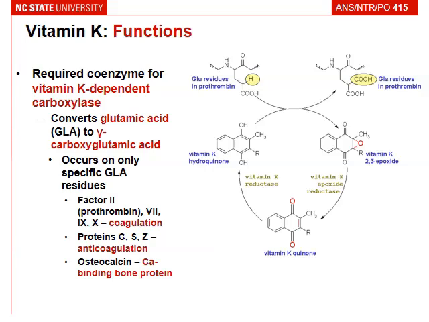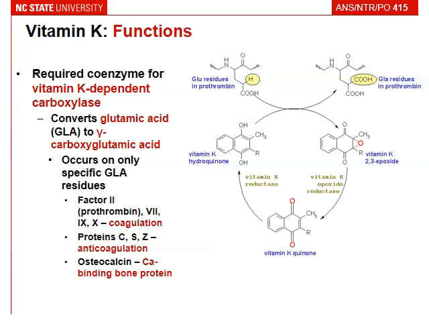Here, showing this reaction, this is called the epoxide cycle. Our vitamin K hydroquinone is converted to vitamin K 2,3 epoxide.